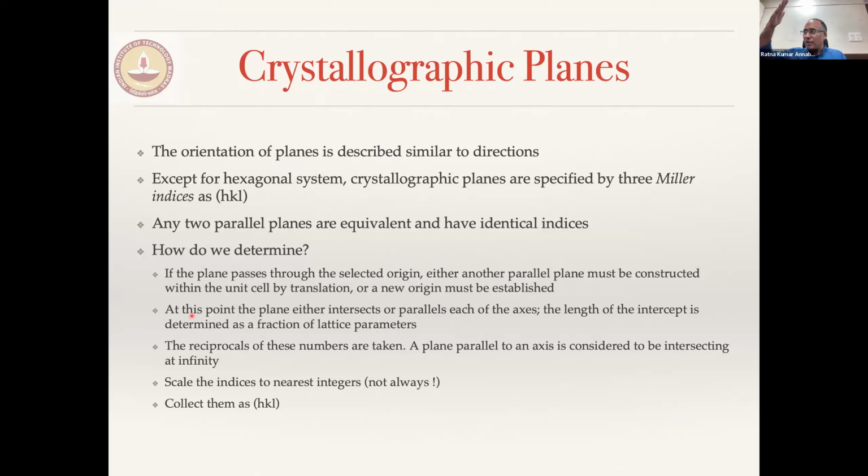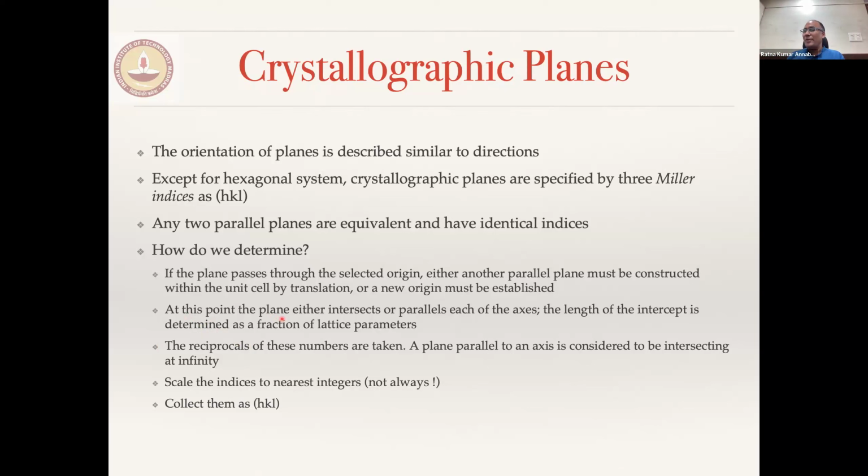So when you have a plane which is intersecting or passing through the origin, you need to move the plane. Once you are moving the plane away from the origin, the plane will either intersect the coordinate axis or it will become parallel to the coordinate axis.